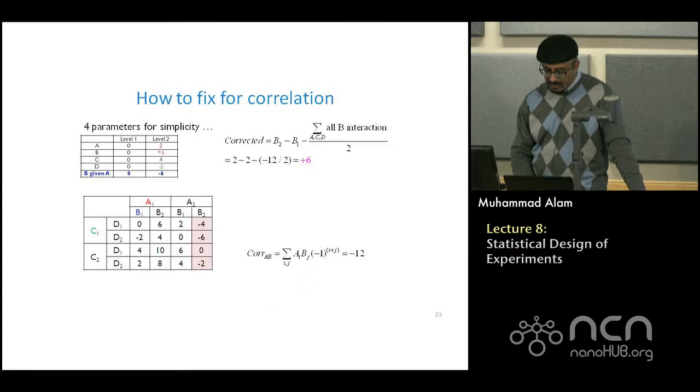Now, how do you fix for correlation? It turns out, because you want to know their effect when they are present individually, what you have to do in that case is, if you are B alone, B alone means this one and this one, B2 alone. And B1 is this one and that one, right? That gives you the total B1, 8 of them.